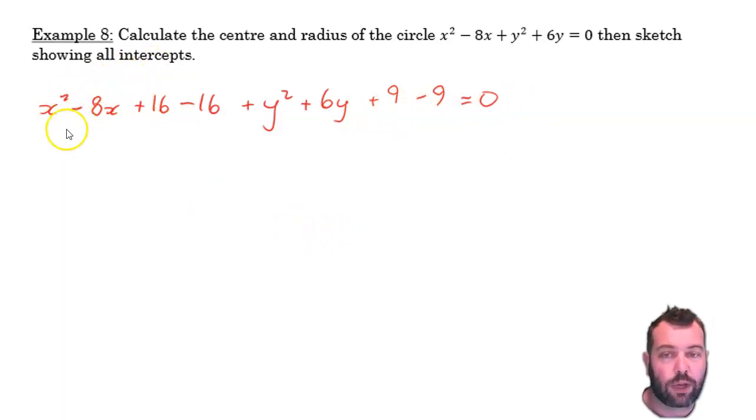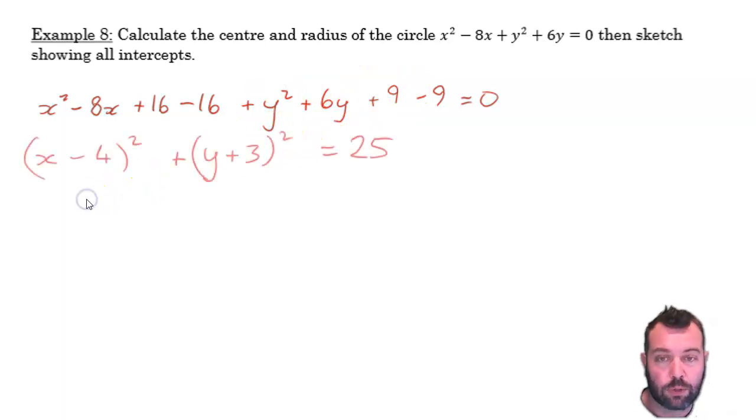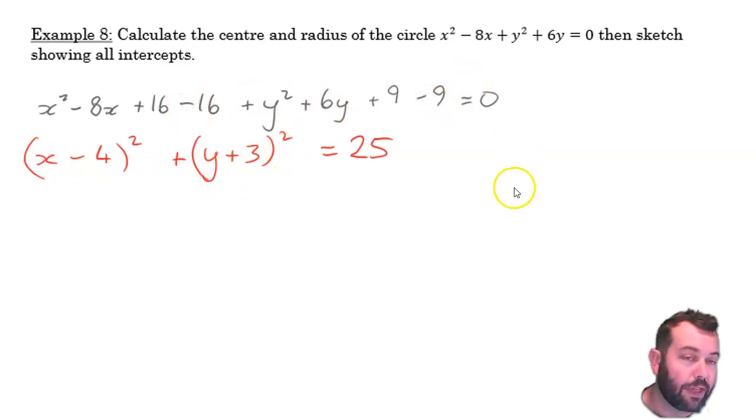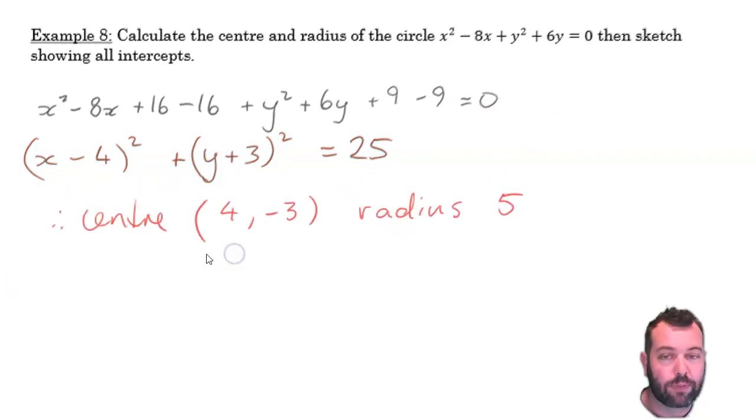So I have a perfect square here, which should be x minus 4 all squared, and a perfect square here, y plus 3 all squared. And then the negative 16 minus 9 is negative 25. If I add that to both sides, now we're set up here, so I can see the centre is at 4, negative 3, and the radius is 5.